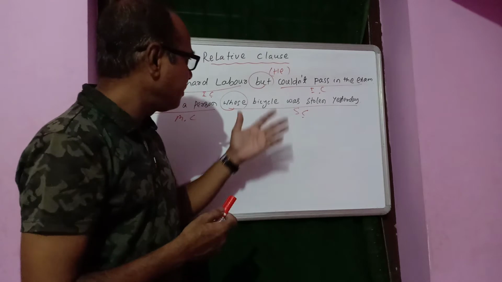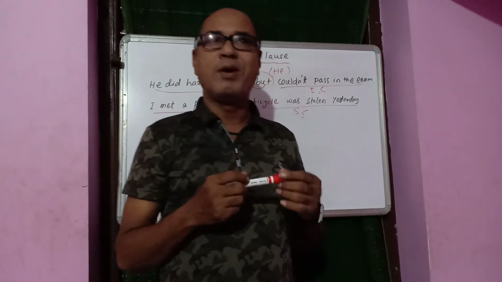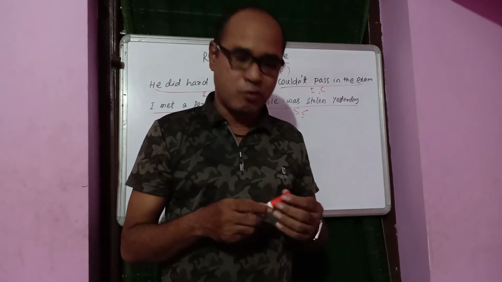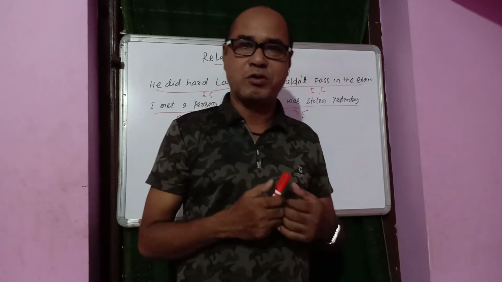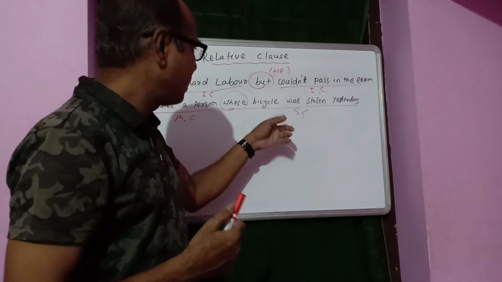Here, this SC is of three types. One is a noun clause, another one is a relative clause or adjective clause, another one is an adverb clause. Here, what clause is it?